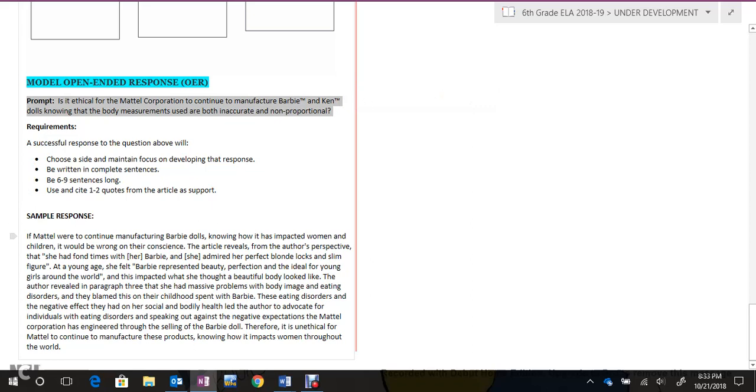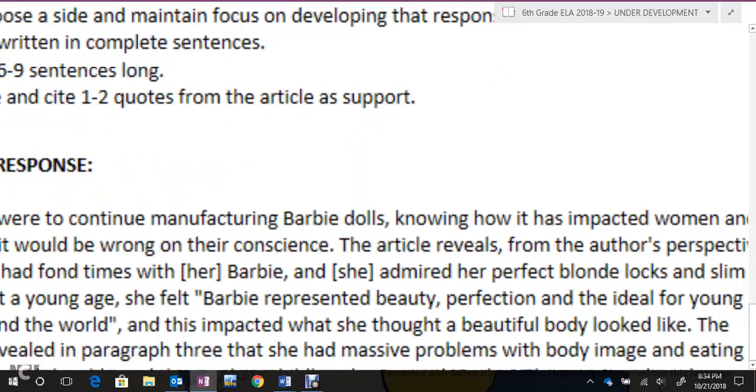In this case, this is an example of a complete response. You want it to be complete and not just halfway done. The question was, is it ethical for Mattel to continue to manufacture Barbie and Ken dolls knowing that the body measurements used are both inaccurate and non-proportional?